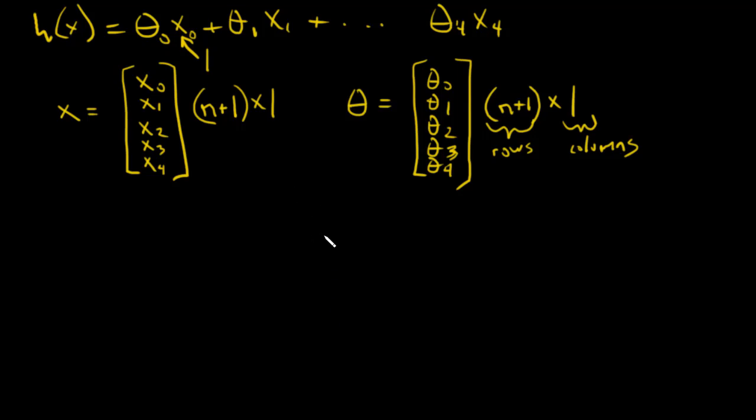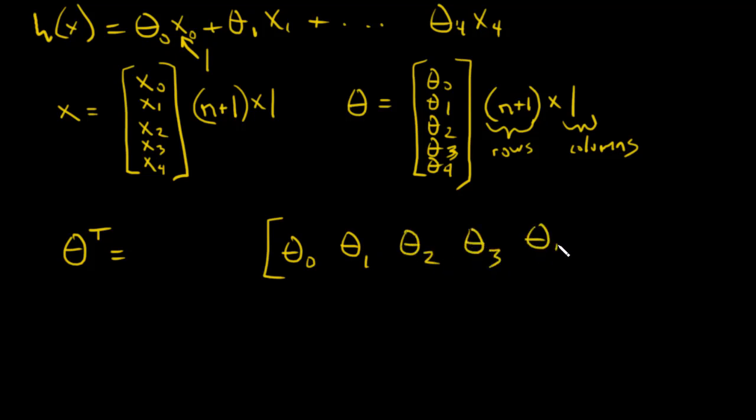Now, what we're going to do is something kind of odd: we're going to transpose theta, okay? So if I look at the transpose of theta, theta transpose, the way that you think about it is, I'm going to write it over here, theta 0, theta 1, theta 2, theta 3, and theta 4. The way you can think of doing a transpose is you are turning a column vector, in this case, into a row vector.